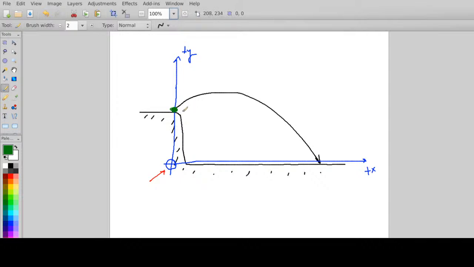If you're at that green dot, the initial position of the rock, and you say, well, which way is the horizon? The horizon would be this way, parallel to the x-axis. It's kind of like a second x-axis up there. And the 20 degrees would be right in there. So there's your 20 degrees. It's a little bit small, but I think you can see it.